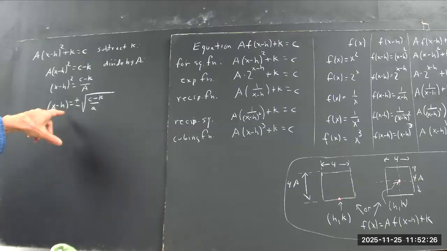Then x minus h is plus or minus the square root of c minus k over a.